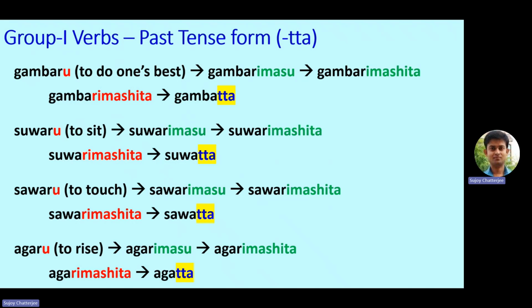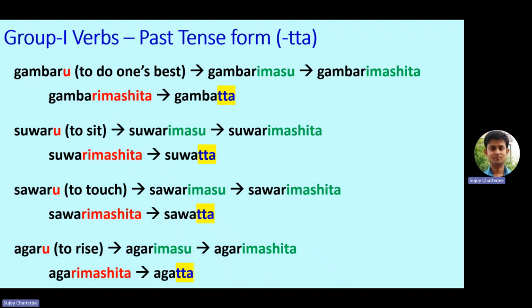Group 1 verbs are, to remind you, those verbs whose plain form ends in the Roman character u. For example, gambaru, suwaru, sawaru, agaru, and so on. As you can see on the screen, for gambaru, the formal present tense is gambarimasu. The formal past tense is gambarimashita.